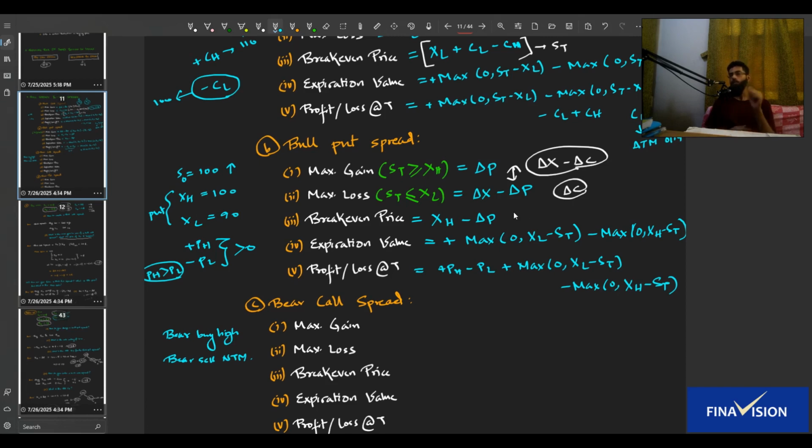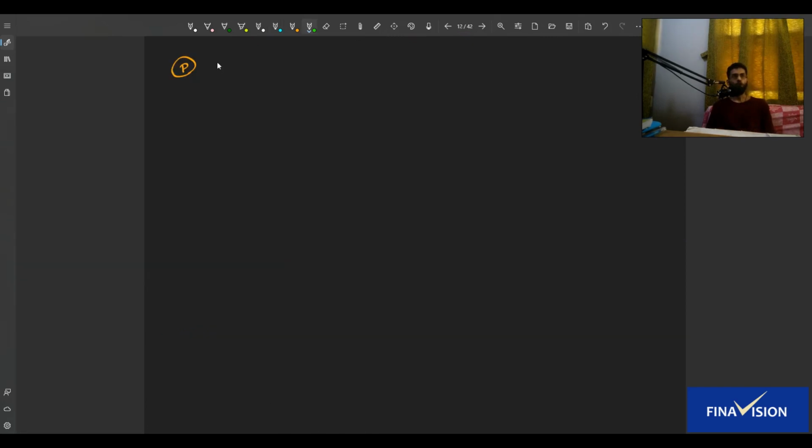So let's do that. Let's say the stock price is at 100 at t equal to 0, and the option prices are like this. Strike price XL is equal to $100. Strike price XH is equal to $110.